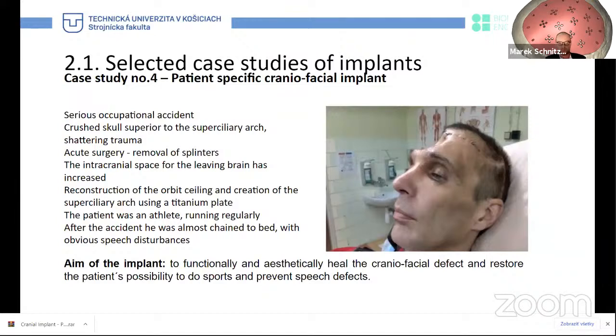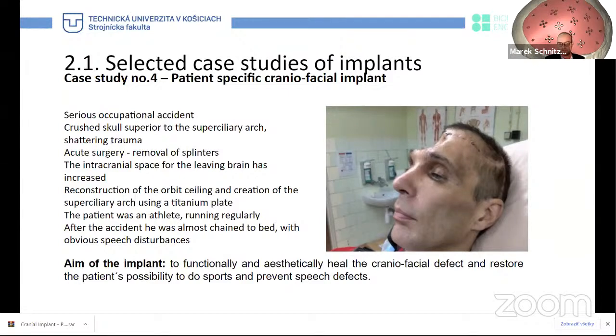Again, this was a trauma, where the skull was crushed, superior to the superciliary arc, shattering trauma. There was an acute surgery, removal of splinters, and the intracranial space for the living brain increased. Reconstruction of the orbit ceiling and the creation of the superciliary arc using a titanium plate.